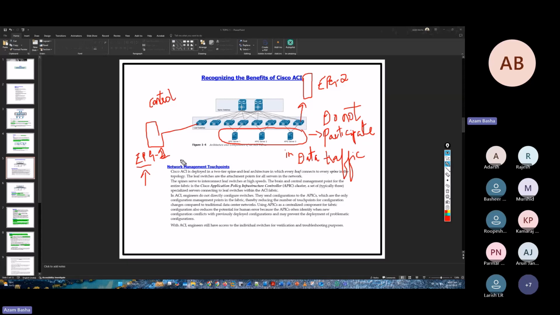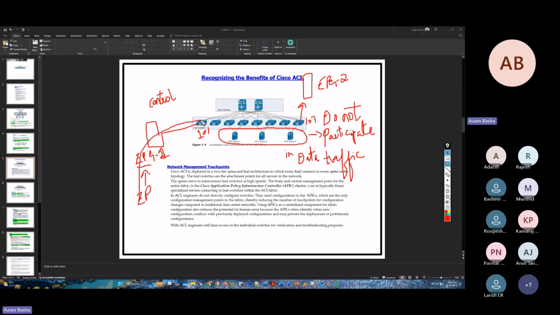There is an endpoint group 1 connected on a leaf, let's say leaf 101, and there's another leaf 107 or 108 or whatever. If these two endpoint groups have to communicate, these endpoint groups contain the endpoints.